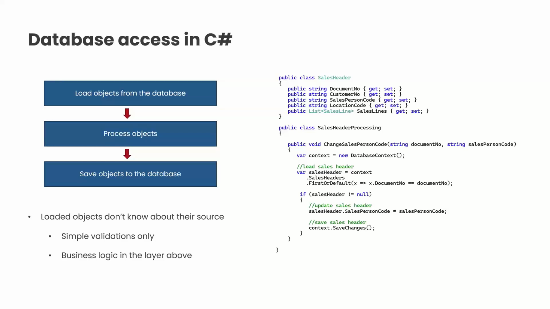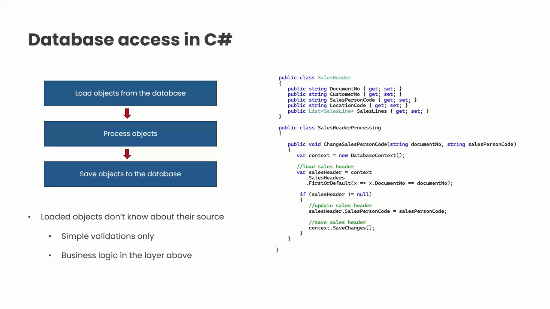So you can only have very simple validations, like checking if the phone number is okay. In this example, we have this database context, which is a data access layer, the class that loads the data or saves the data back. Then we have this stateless service, the class that's doing something with the document.